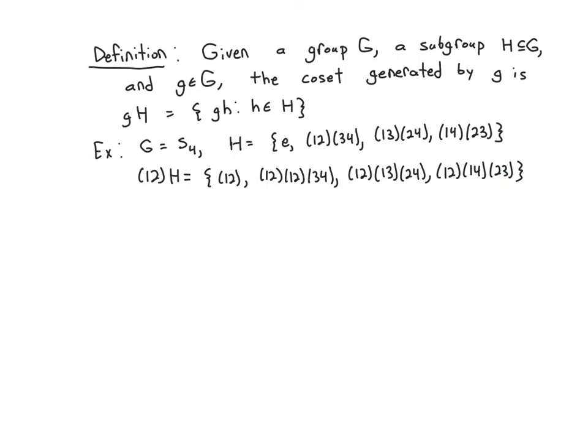Of course, if I leave it in this format, it's kind of poor taste because clearly more work can be done. At the very least, (1 2) times itself is the identity. But also, these are not disjoint cycles, so I should probably compute these products.